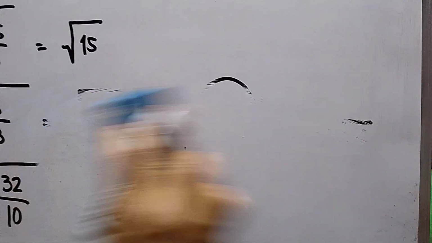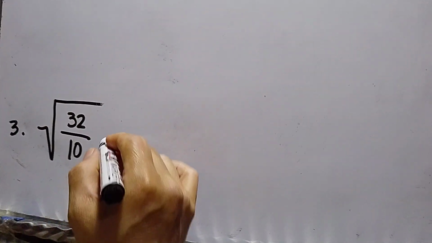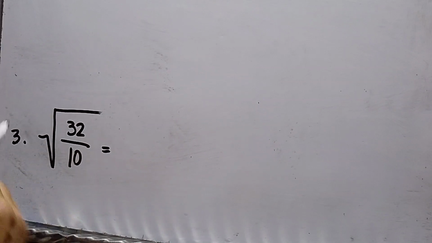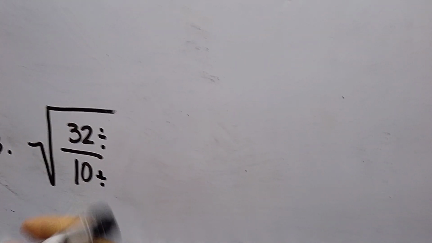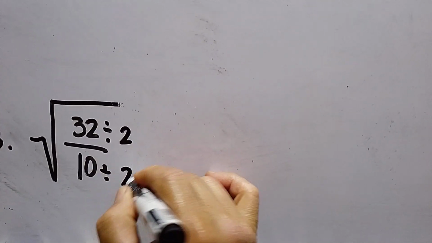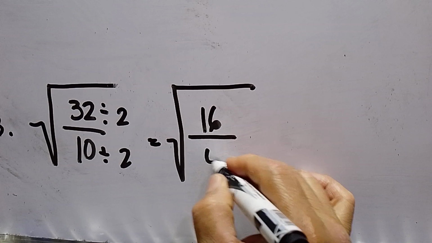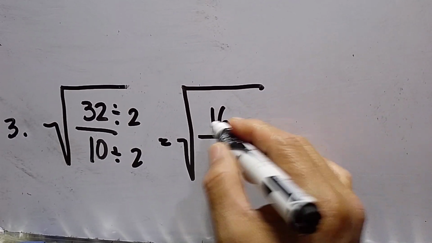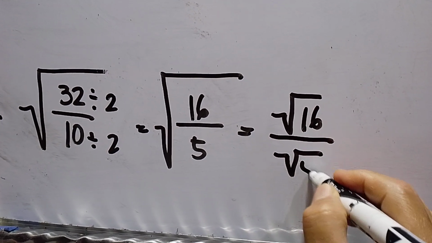How about number 3? Number 3 is square root of 32 over 10. I need to reduce to lowest terms, so this is divided by 2. So this will be square root of 16 over 5, or square root of 16 over square root of 5.